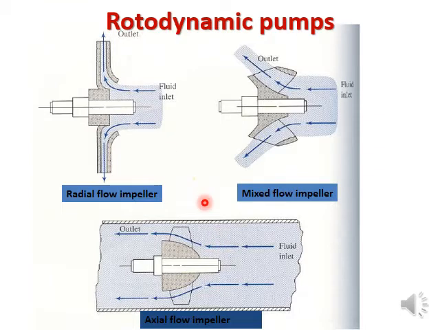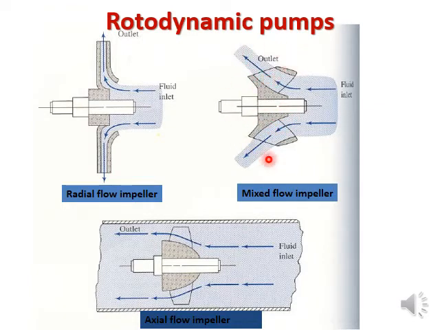So we have different designs, as I mentioned, to improve the efficiency of the machine. So sometimes you have complex designs where flow inside the machine or impeller is not purely radial or axial, but is a complex combination of radial and axial flows.